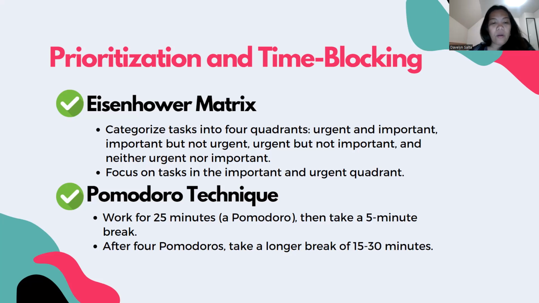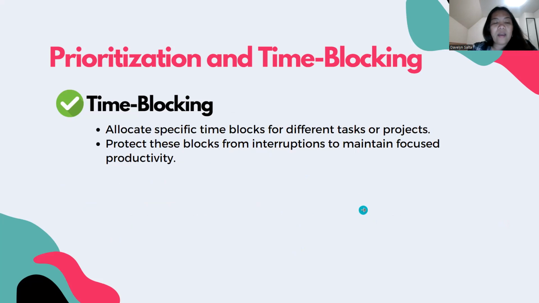So after 4 Pomodoros or after 4 25 minutes, take a longer break of 15 to 30 minutes. They say it helps you to clear your mind, be more efficient, and be more effective if you use this technique.